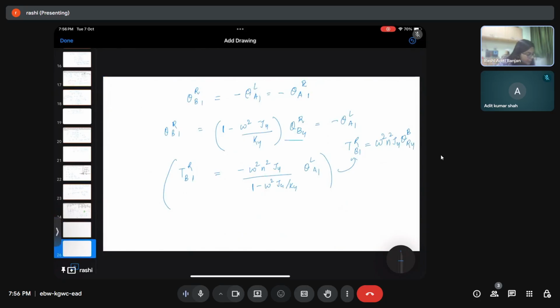Theta B R4 I can get from here. This is what we'll replace, and then we get the equation of this type. Right? This is what we are going to get. So then what do we get finally?